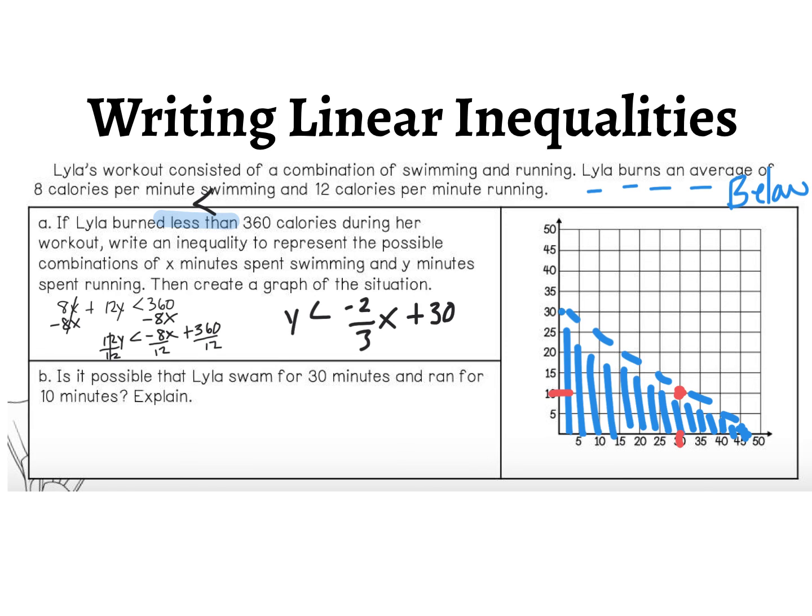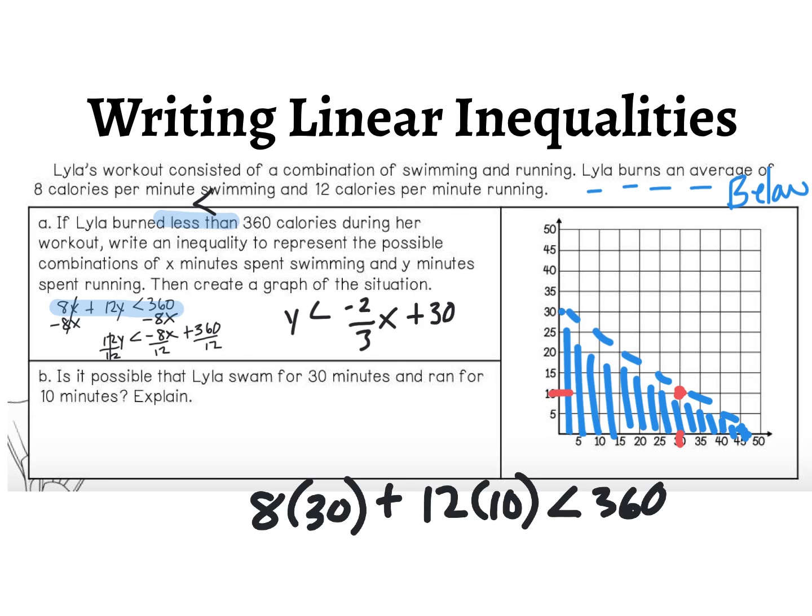So what I'm doing right now is I'm going to my original inequality right there. I'm plugging in 30 for x and 10 for y. So I have 8 times 30 plus 12 times 10. I want to know if that's still less than the calories she burned.